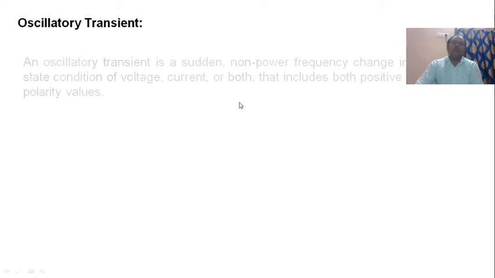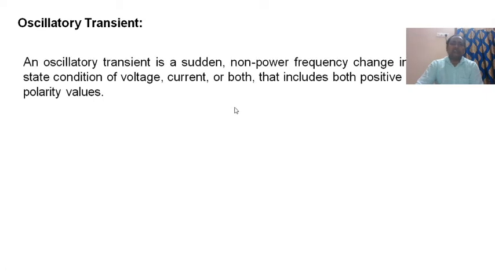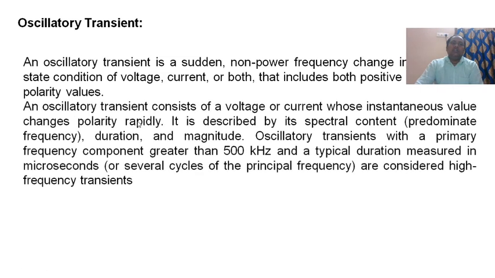So what is meant by oscillatory transients? An oscillatory transient is a sudden non-power frequency change in the steady state condition of voltage, current, or both, that includes both positive and negative polarity values. An oscillatory transient consists of voltage or current whose instantaneous value changes polarity rapidly.